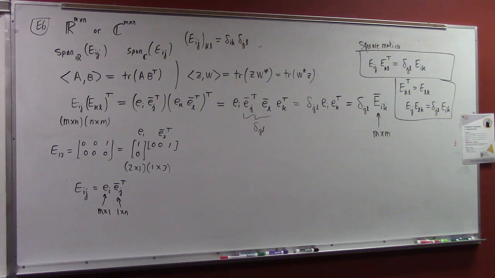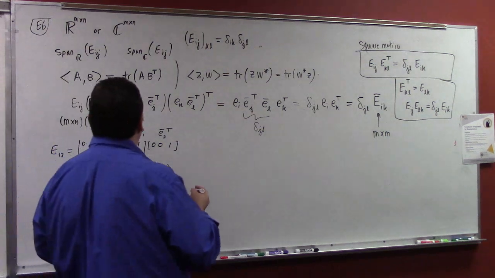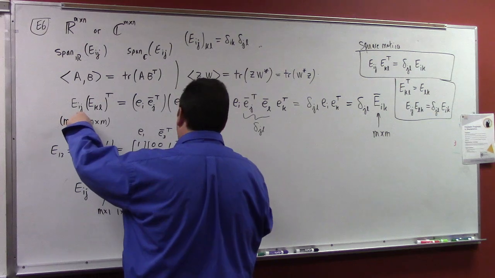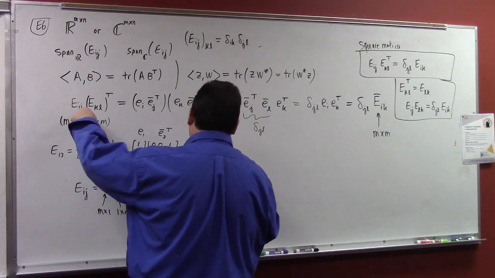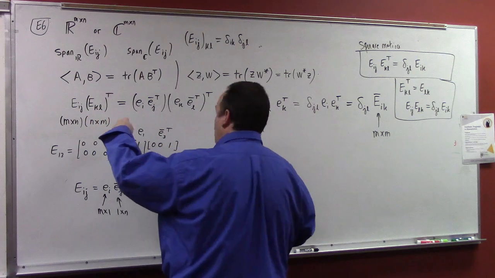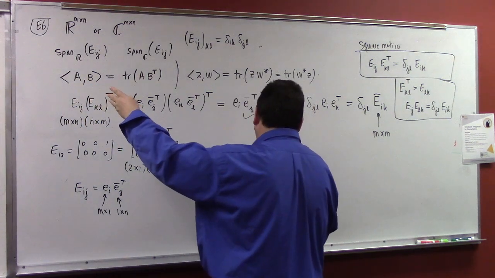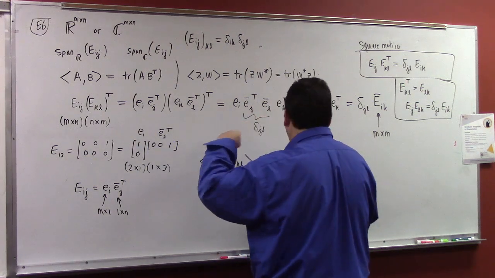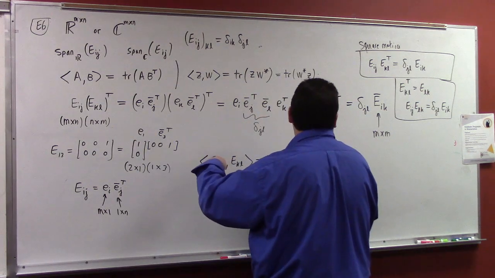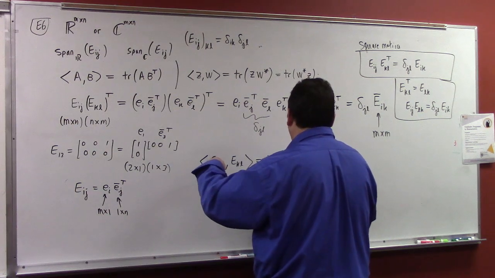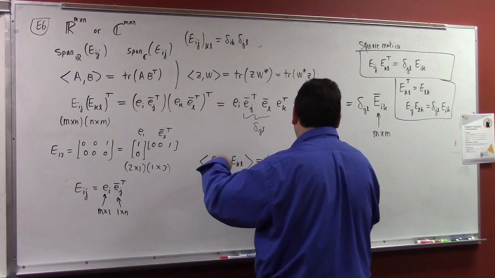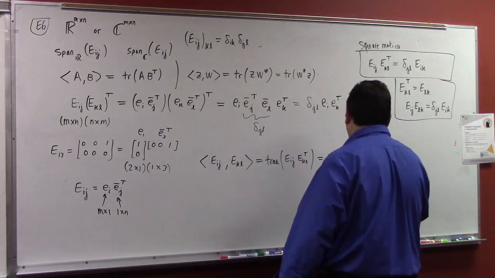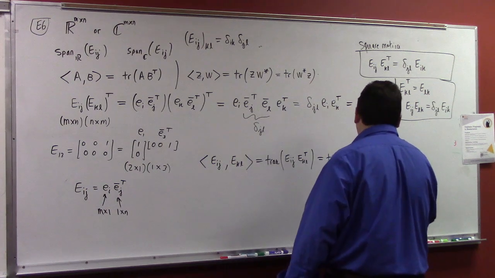And so with all of this said, if we look at Eij and EKL in the m by n matrix units, well, that's the trace of what? It's the trace of Eij EKL transpose, which we just worked out, is the trace of Kronecker delta JL EIK.